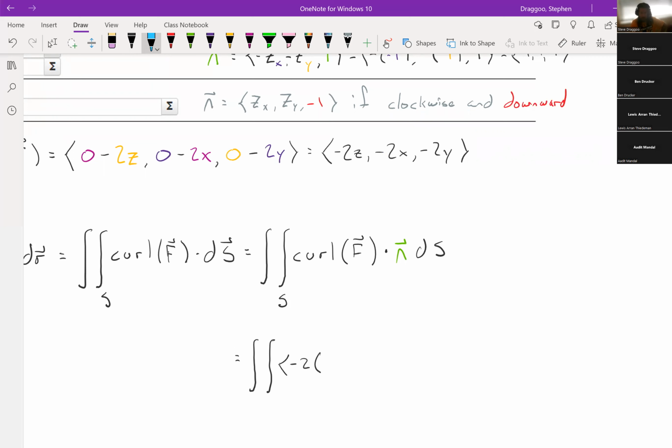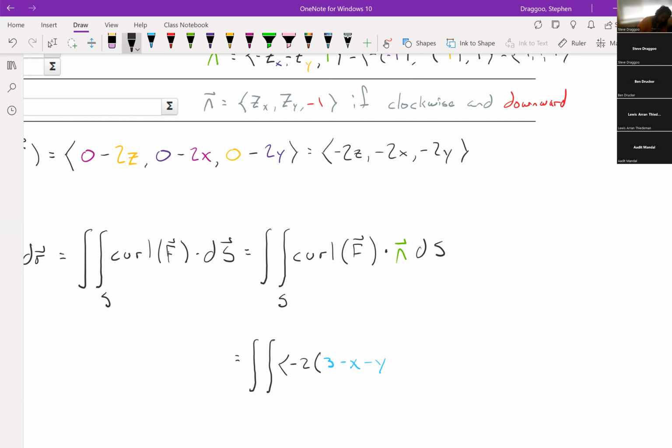So we want to make substitutions for z, because really we need to parameterize this surface with our two parameters, u and v, or r and s. But we can skip over that step because we've already basically parameterized this thing, since we've got z as a function of x and y. So I'm going to keep x and y as my two parameters and replace z with it. No need to go on an extra parameterization crusade if we don't need to.